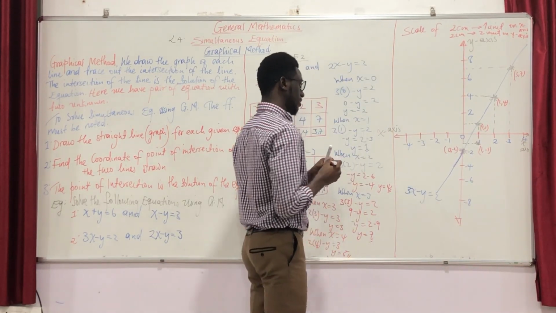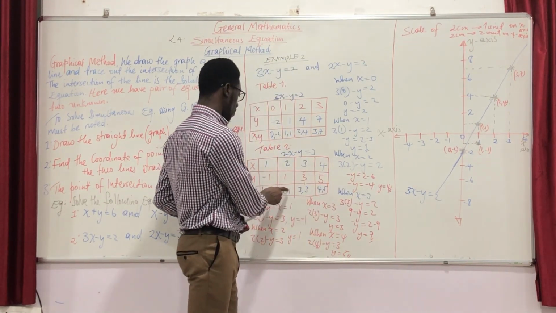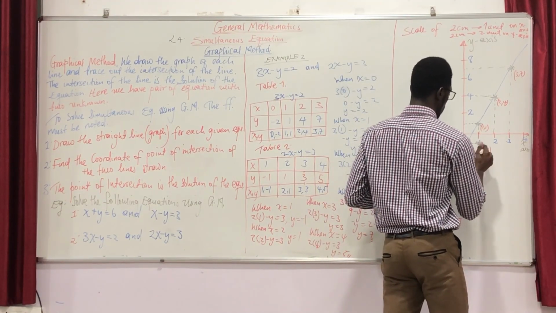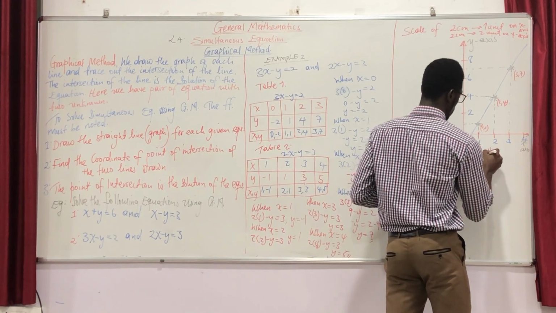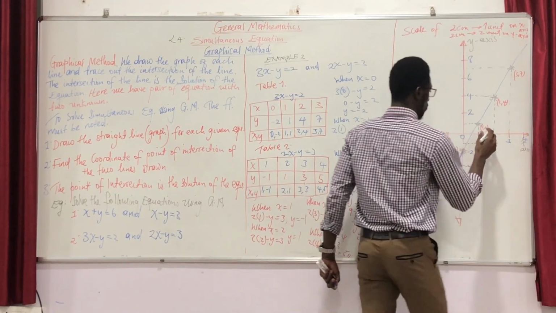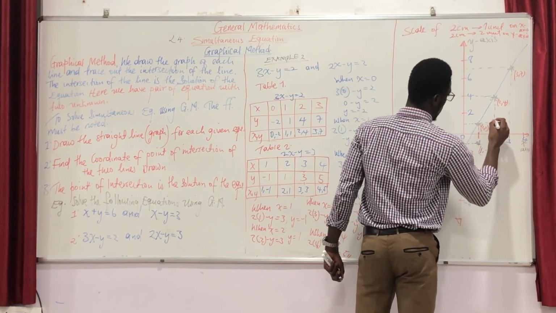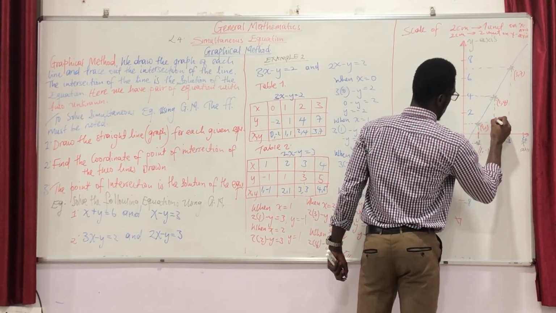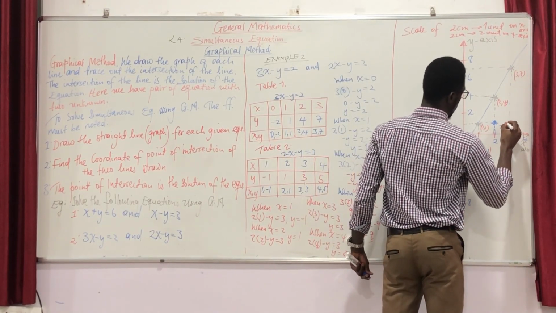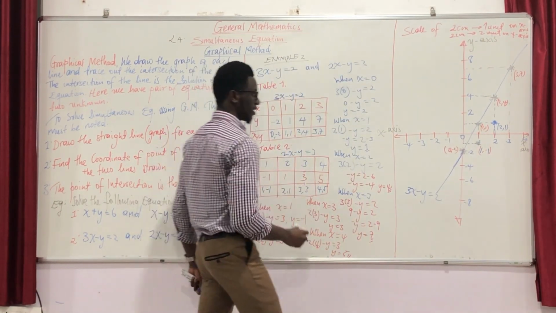So then when x is 2, y is 1. When x is 2, y is 1, please take this point. 2, 1. Then when x is 3, y is 3.